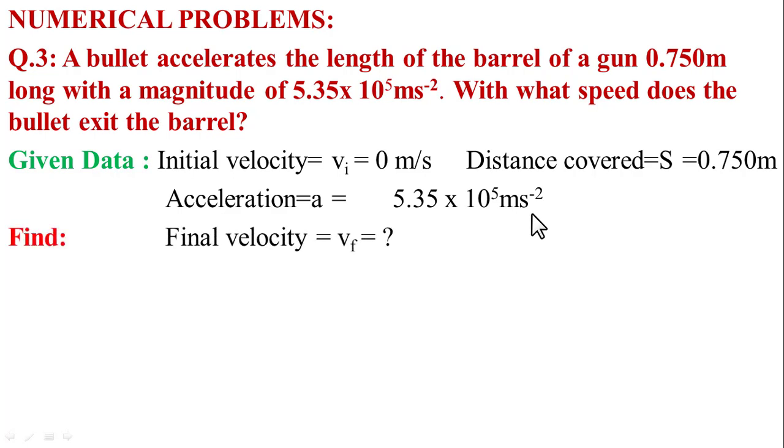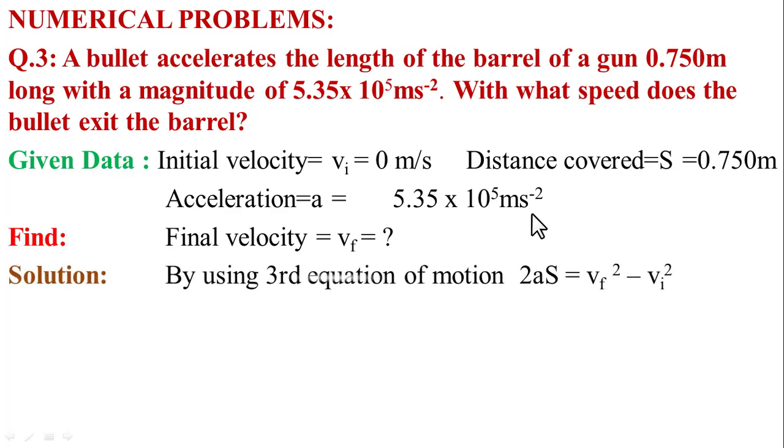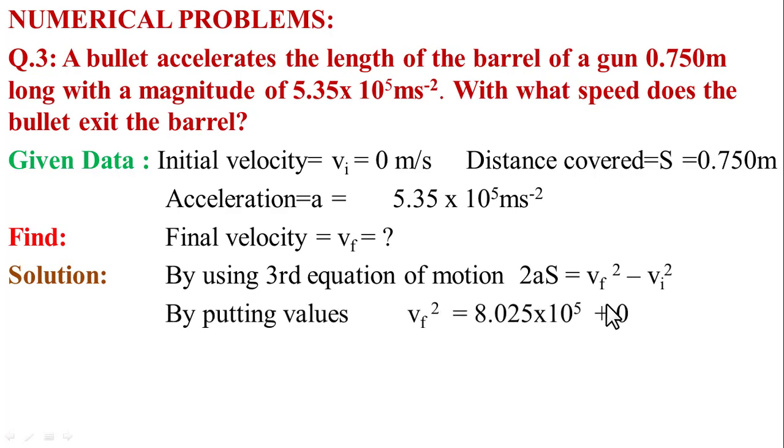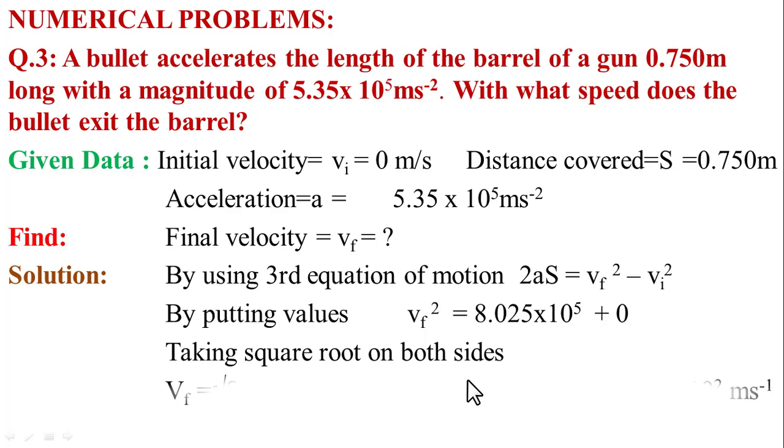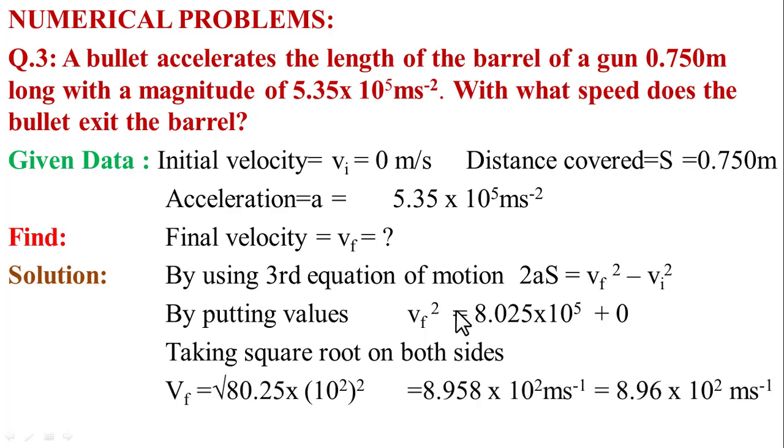Now find the final velocity. We have, by using the third equation of motion, 2as is equal to Vf square minus Vi square. Putting the values, then Vf square is equal to 8.025 multiplied by 10 raised to power 5 plus 0. So taking square root on both sides, Vf is equal to the square root of 8.025 multiplied by 10 raised to power 5.